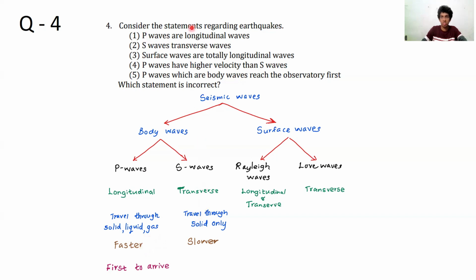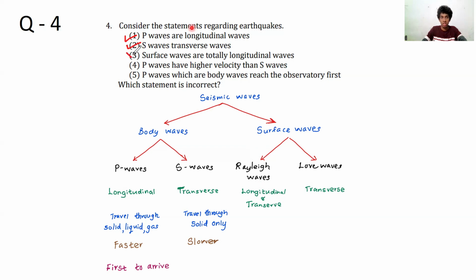Now let's consider these statements. P waves are longitudinal waves. That's correct. S waves are transverse waves. That's also correct. Surface waves are totally longitudinal waves. No, surface waves can be transverse waves or longitudinal waves.